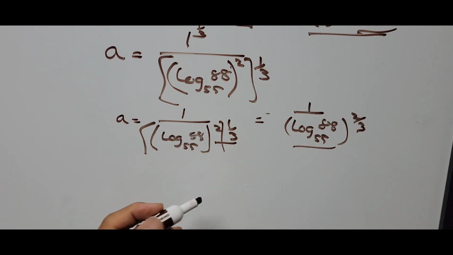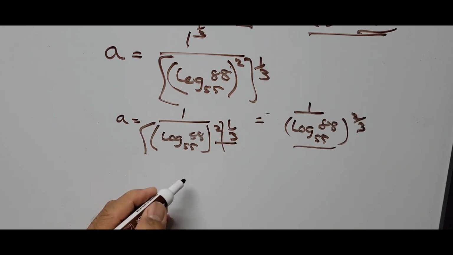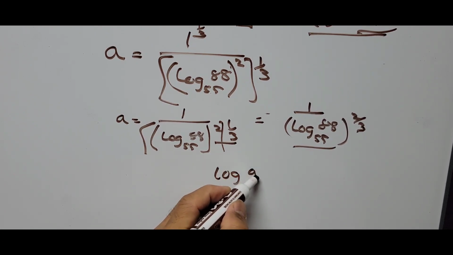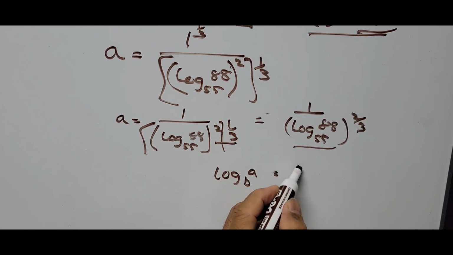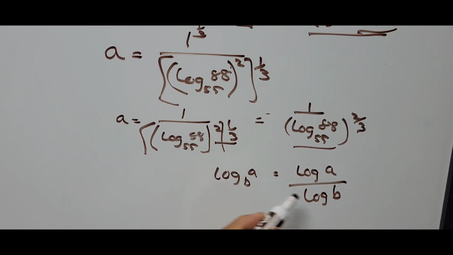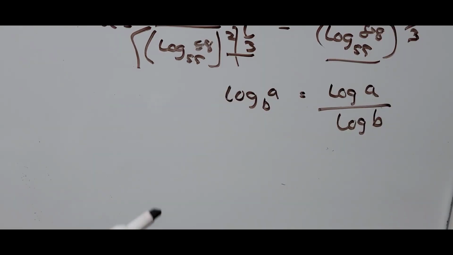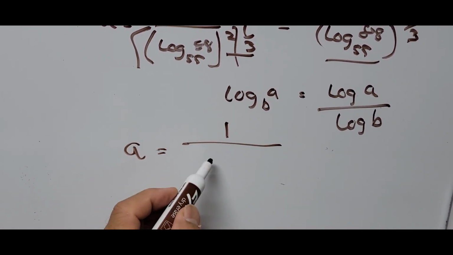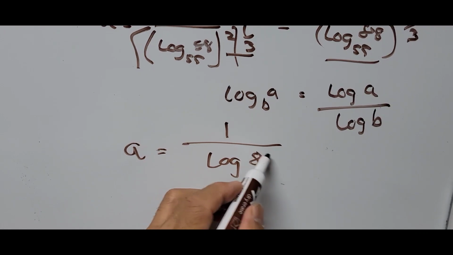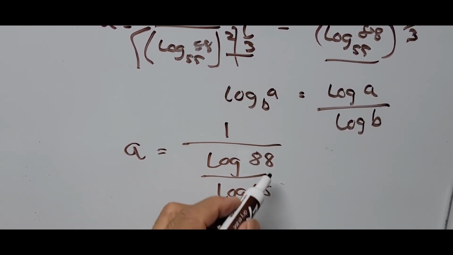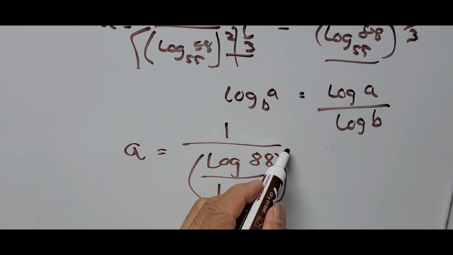That is the transformation: logarithm of a to the base b equals logarithm of a divided by logarithm of b. And this is now transformed to base 10. The value of a now equals 1 divided by log of 88 divided by log of 55, raised to the 2/3.